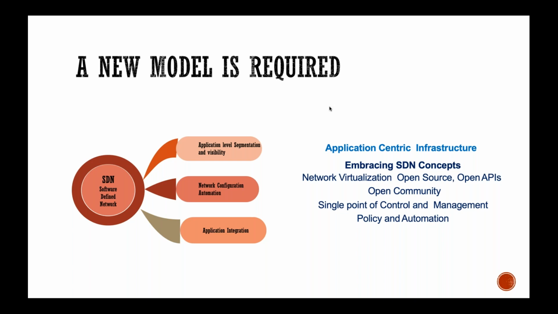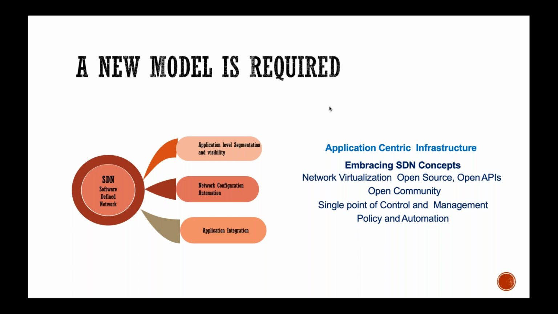The other one is application, where we talk about Dockers, containers, Python, different languages, JSON, XML, and all this. So these are two different silos. Now we want them to merge. We want that what the application is saying, the network should understand, and what the network is saying, the application should understand.